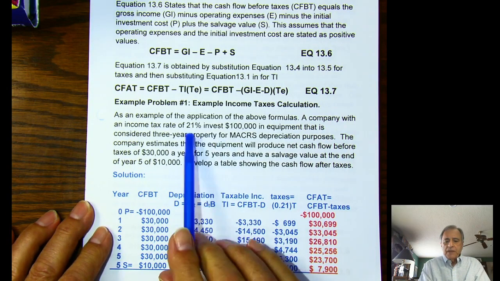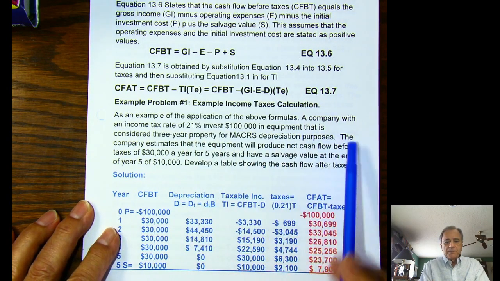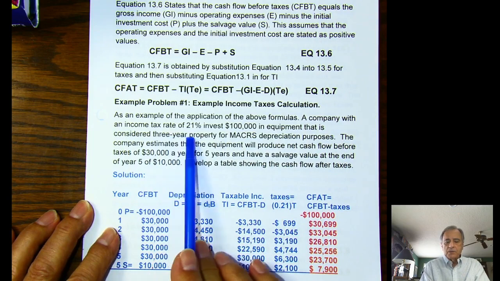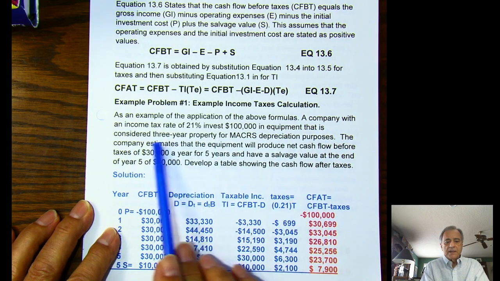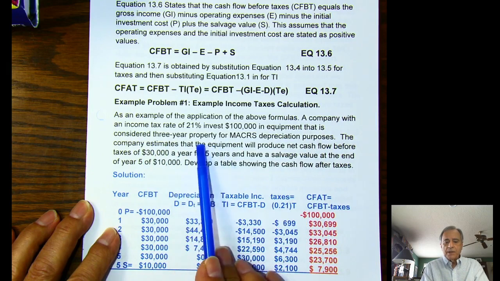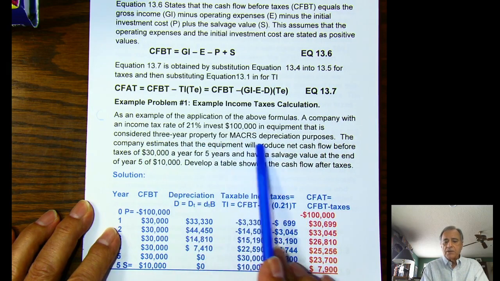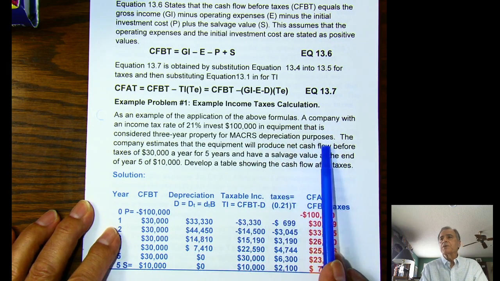As an example of the application of the above formulas, a company with an income tax rate of 21% invested $100,000 in equipment that is considered 3-year property, 3-year MACRS, Modified Accelerated Cost Recovery System, for depreciation purposes.